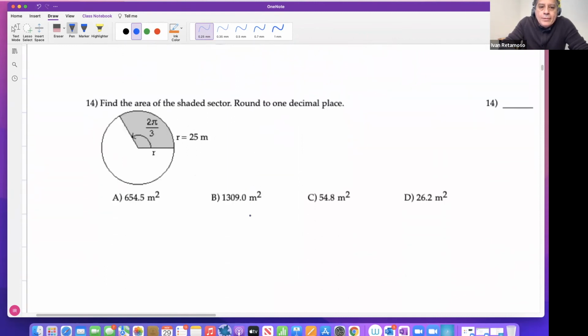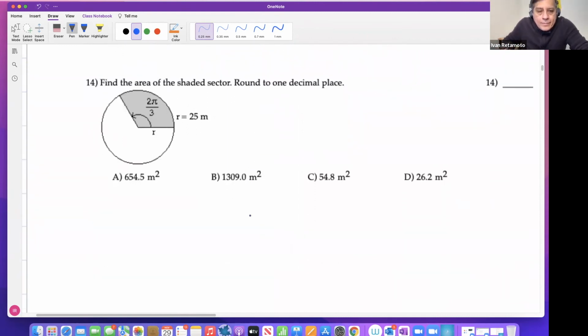The second application of measuring angles in radians is figuring out the area of a sector. The formula for that is: area of a sector is equal to 1/2 R squared times theta, where theta is in radians again.